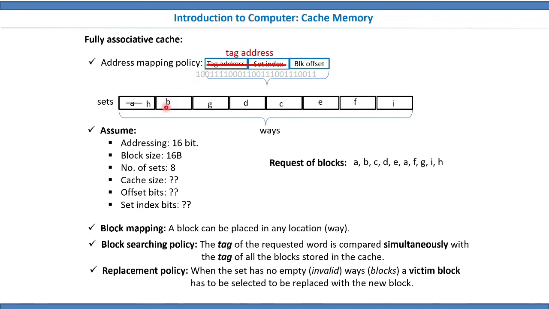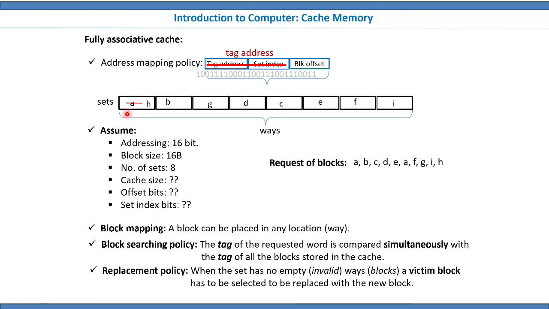In a direct map cache, there is only one entry per set, so there will be only one comparison for each set. If that comparison fails, then it's a cache miss. But in a fully associative cache, there are multiple entries, so tag matching has to be performed for all of them. If you want to search for a block, for example block F, the tag comparison should start from here.